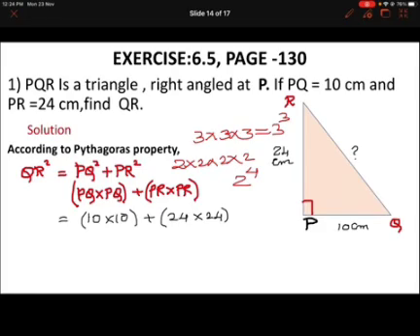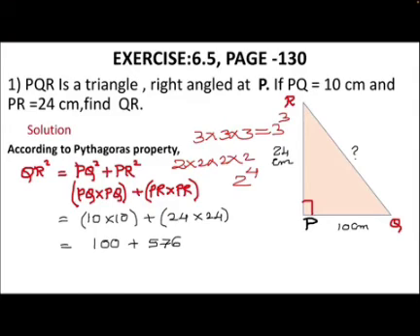Now, what is PQ squared plus PR squared? It is 10 into 10 plus 24 into 24. So 10 into 10 is 100, plus 24 into 24 is 576. The sum is 676.